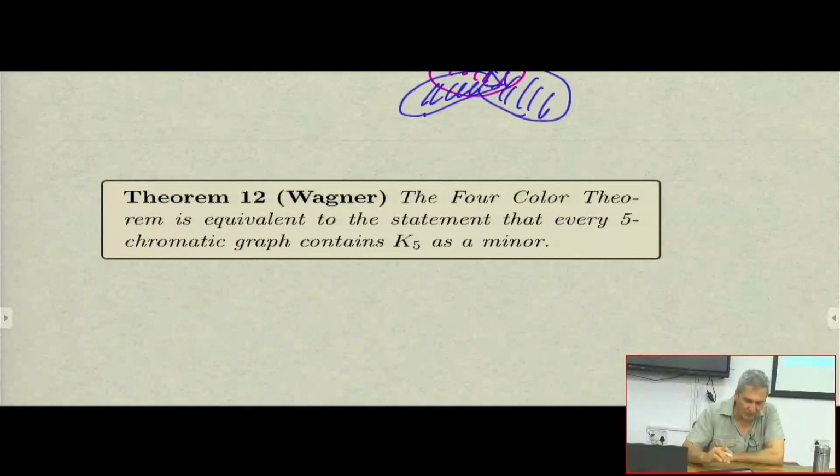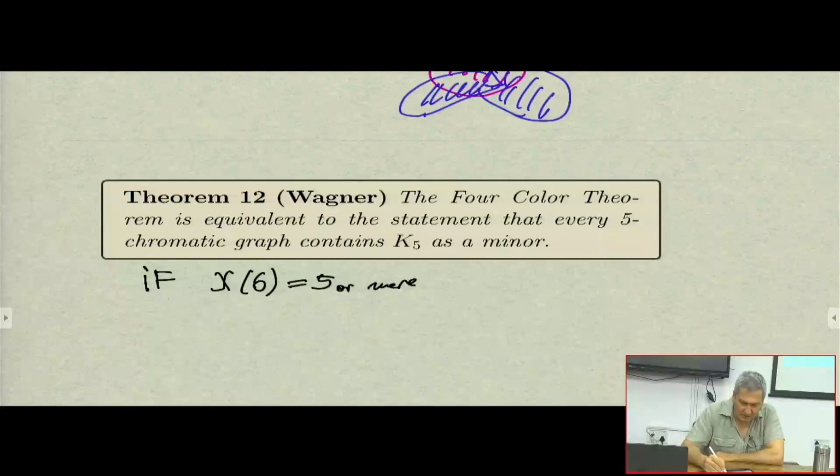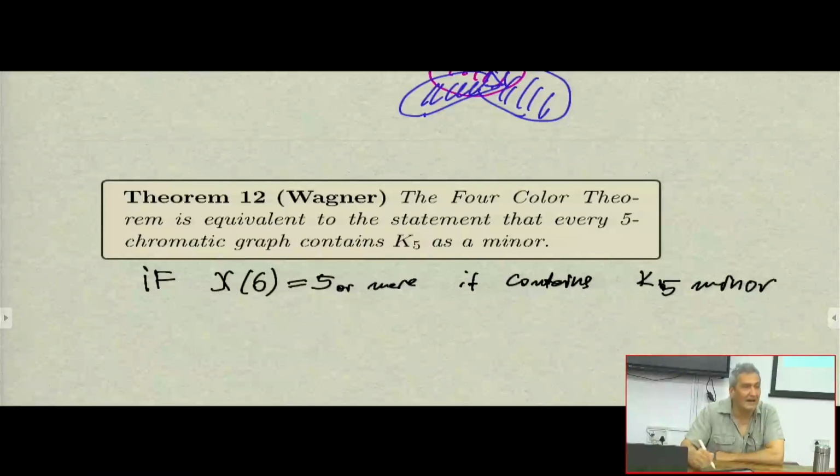We want to prove if the chromatic number of G is 5 or more, it contains a K5 minor. Okay, this is case 5.